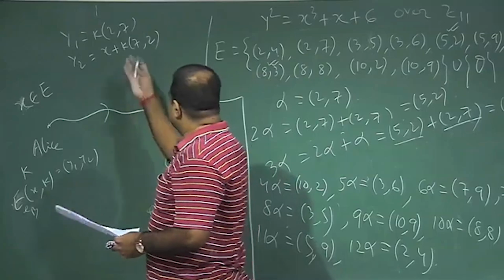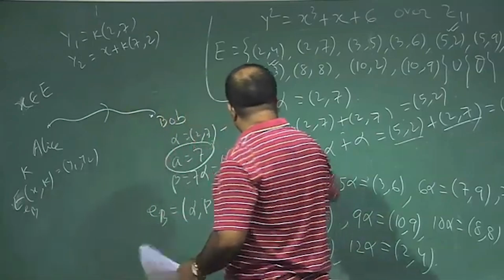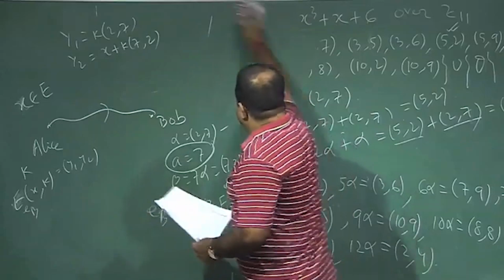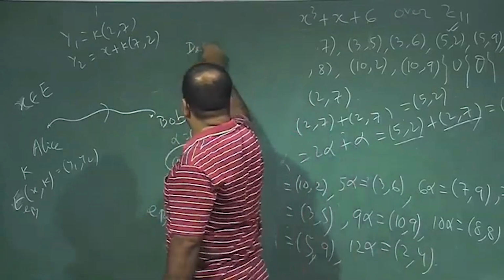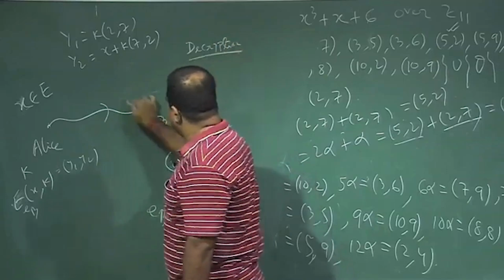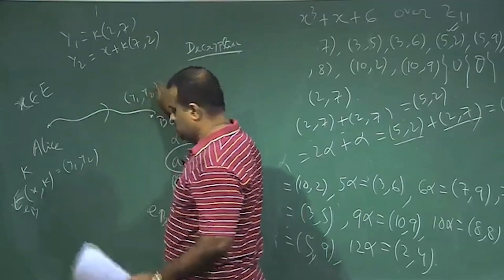So this is basically encryption, and the decryption: Bob is receiving Y1 and Y2.